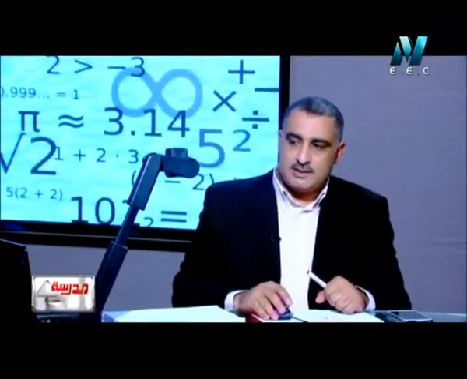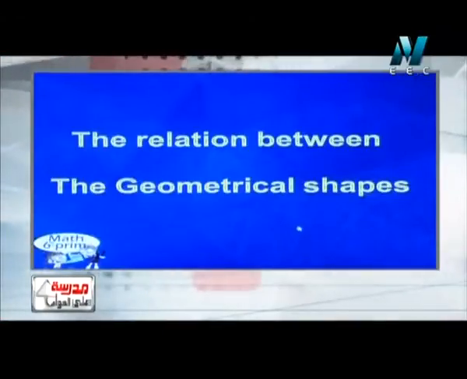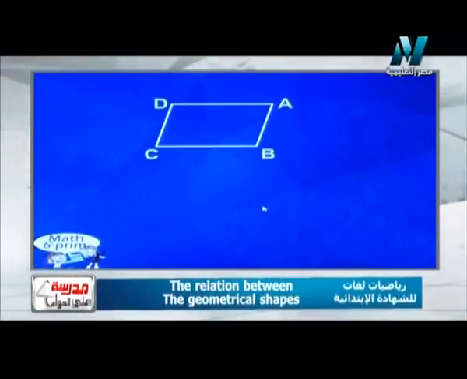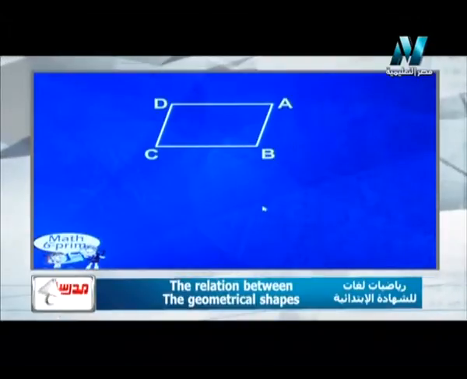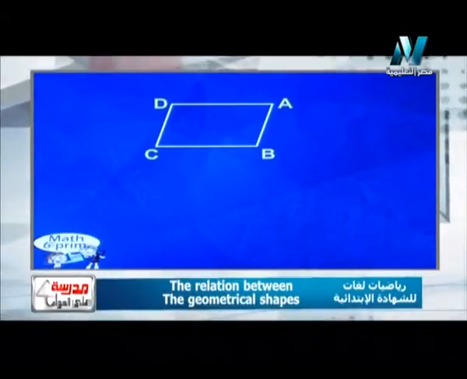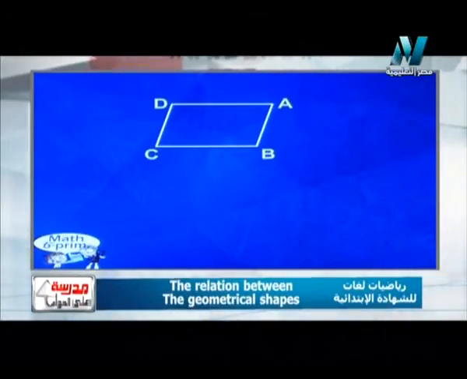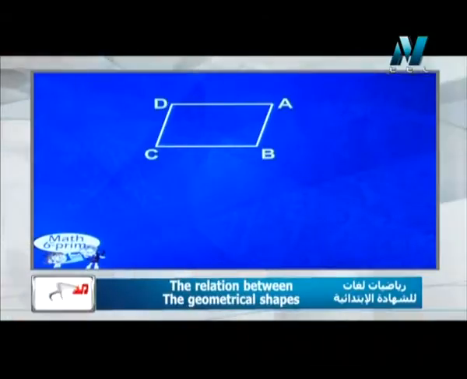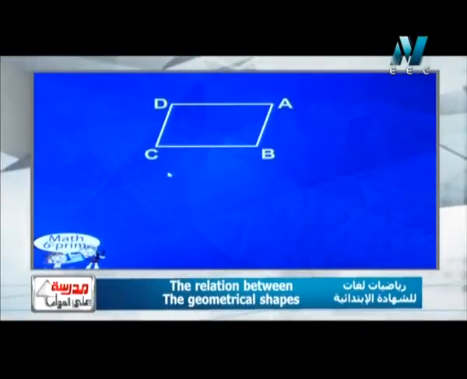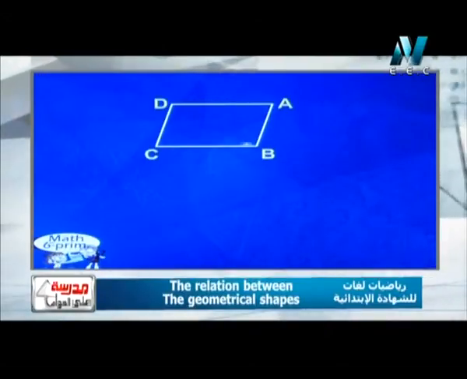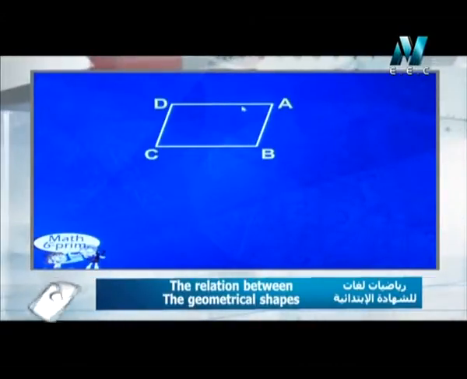Yes, let's explain together, my dear students. If we have this figure, we call it a quadrilateral. Any polygon consists of 4 sides: AB, BC, CD, DA. 4 sides.